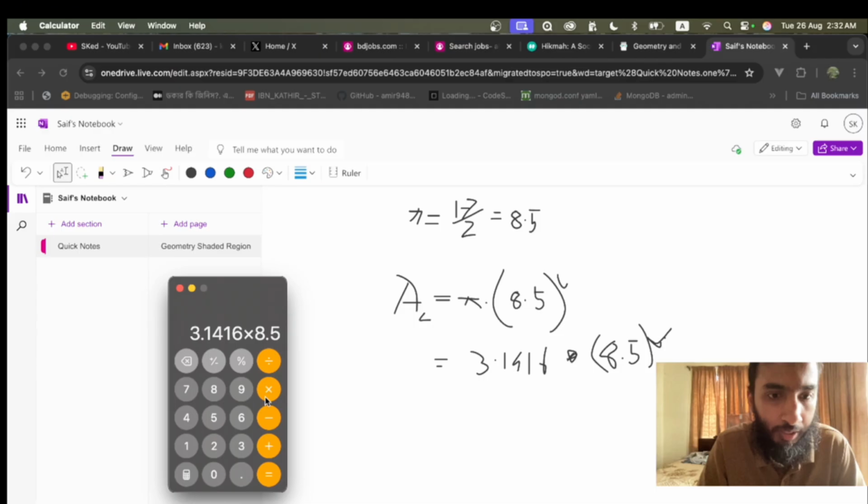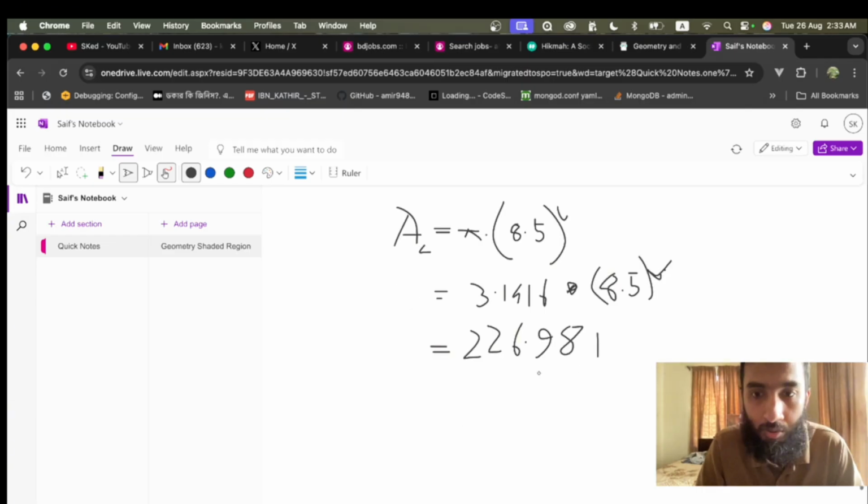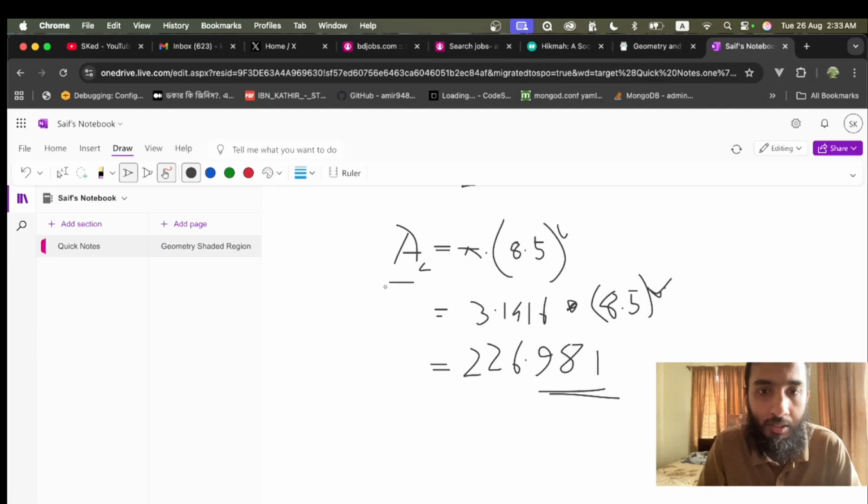So this is 226.981, rounded up to three significant figures. So this is the area of the circle.